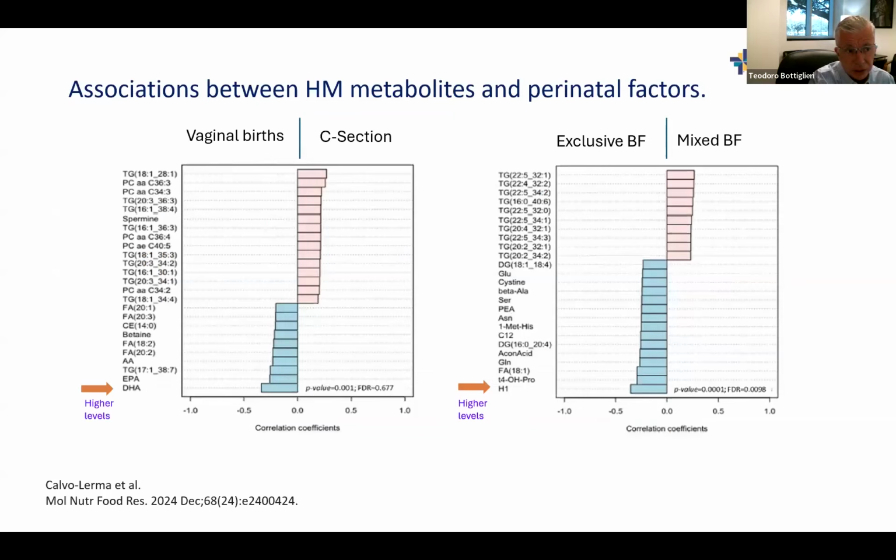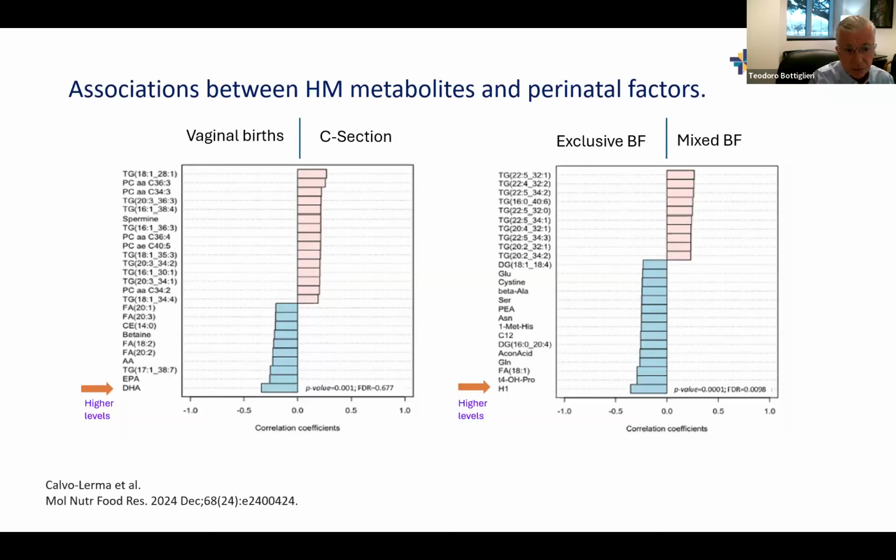And when we looked at the associations between the metabolites and the perinatal factors themselves, what we found is that the DHA levels were significantly different at the p-value. It did not result significant by FDR, but at least for the p-value, we had higher levels of DHA in the breast milk from the mothers that had vaginal births versus the C-section.